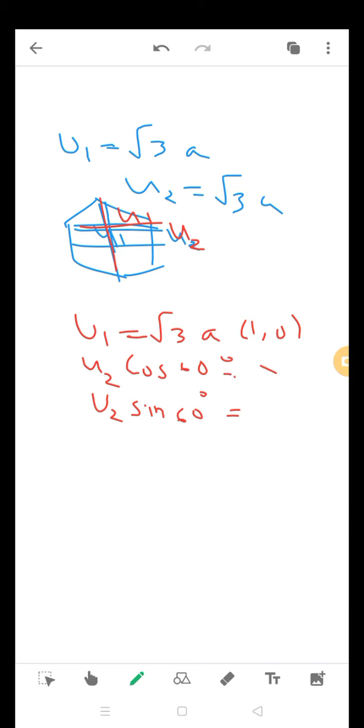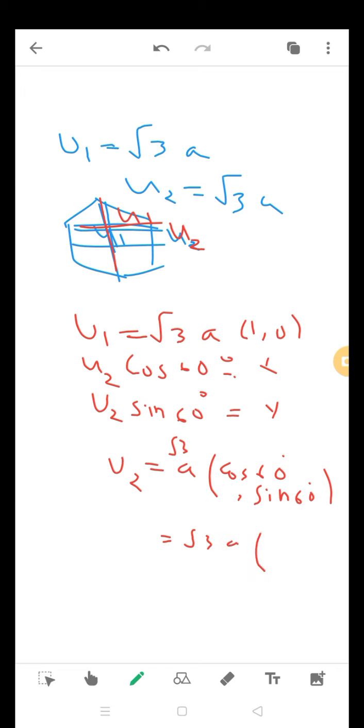So this is the x-axis and this is the y-axis. So U2, as we have U1 equal to root 3a, 0, U2 will be equal to root 3a cos 60 comma sine 60, so that will make it root 3a (1 by 2, root 3 by 2).